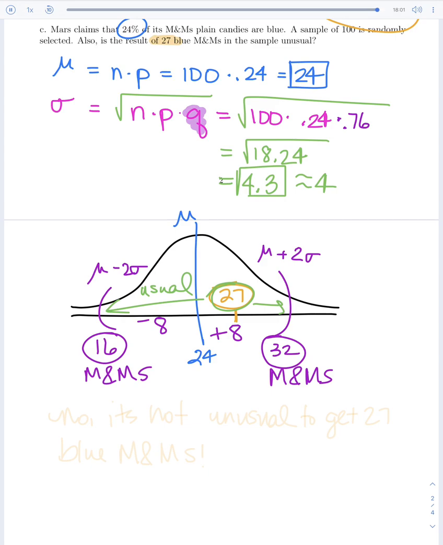Is it unusual for someone to get 27 blue M&Ms? No. It's not unusual to get 27 blue M&Ms. And that's it.